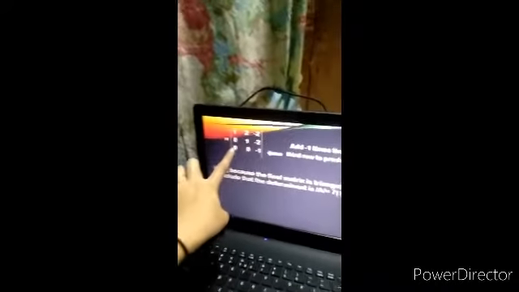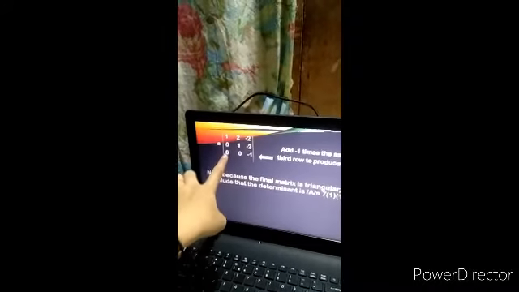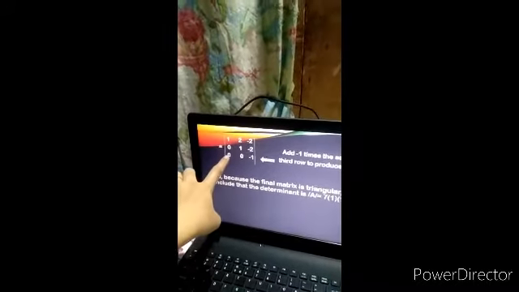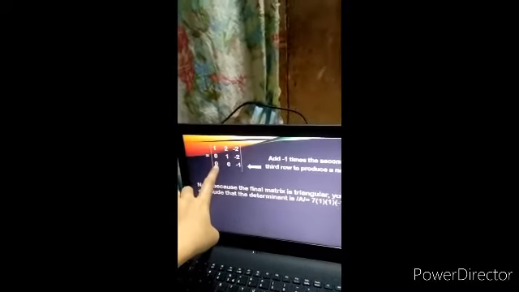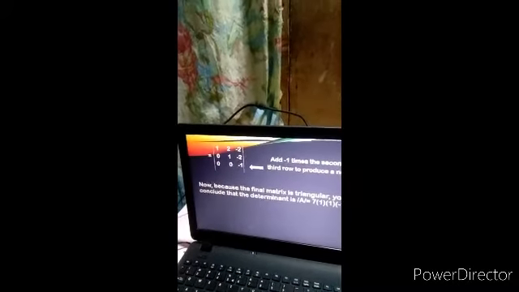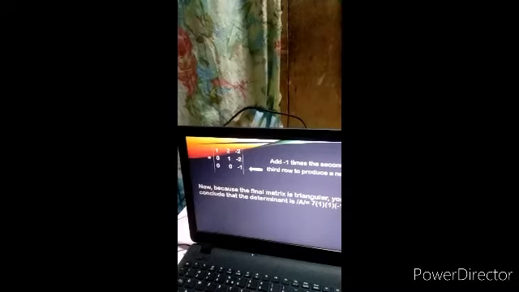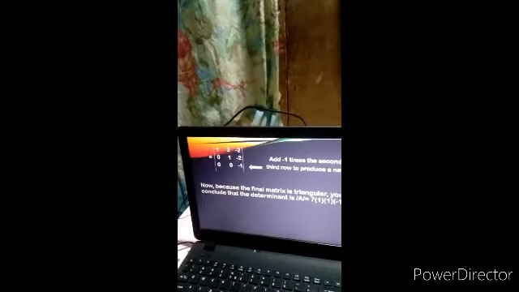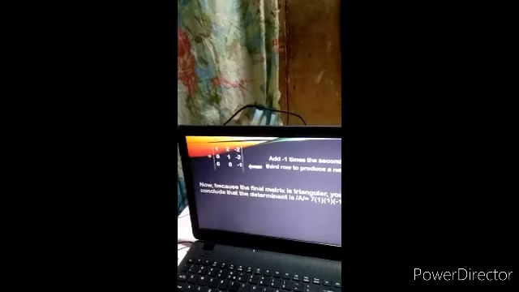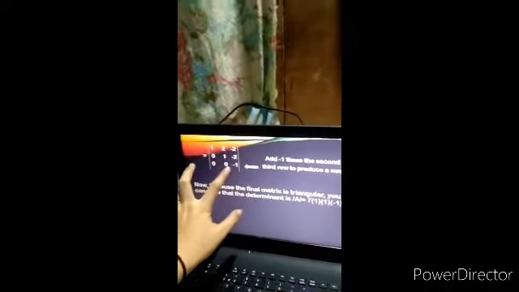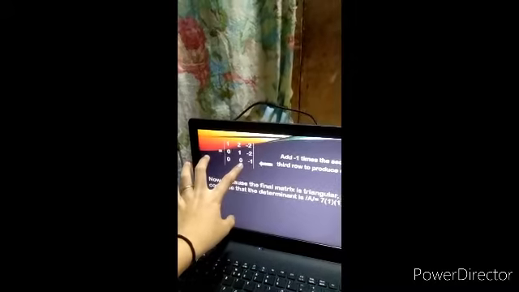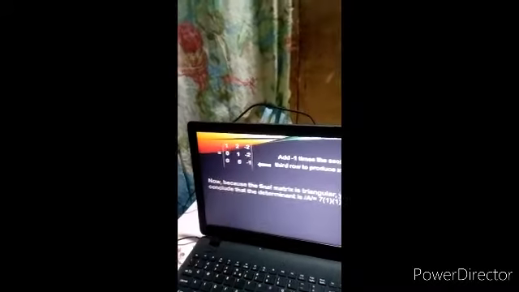So, we have the third row, first column. Then, 1 times negative 1 equals negative 1, plus 1 equals 0. So, we have the second column in the third row.